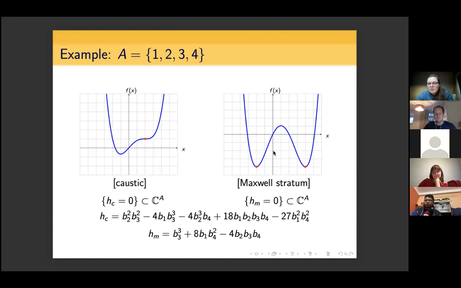While for the Maxwell stratum, that actually was the main challenge of this entire project, we cannot say many good things, except that in this easy case, the polynomial is pretty nice. We also have some algorithms that can compute it explicitly on the computer, but they take a lot of time. The bigger the set A, the longer it takes, let's put it this way.